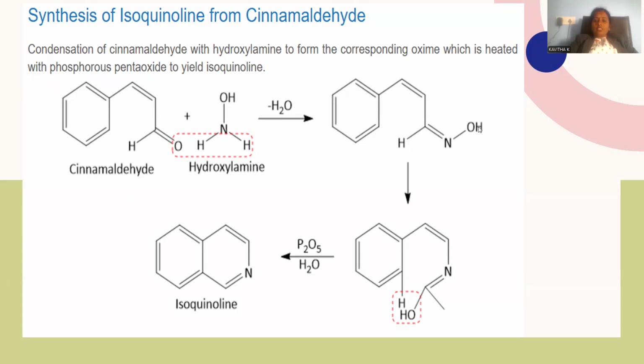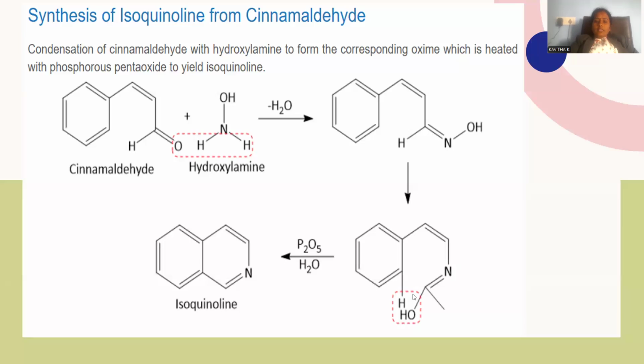Oxime has this terminal hydroxyl over there, and this compound will participate in a kind of rearrangement. That molecule will go with the rearrangement within the molecule, giving rise to hydroxyl at the terminal carbon atom instead of nitrogen.